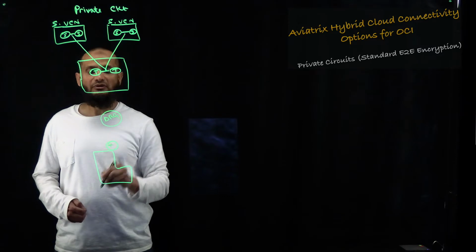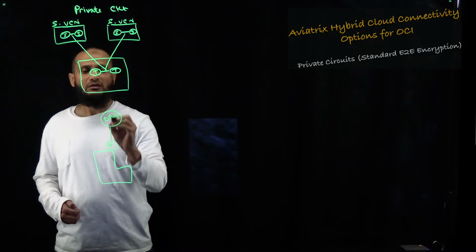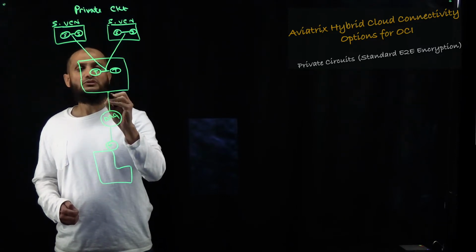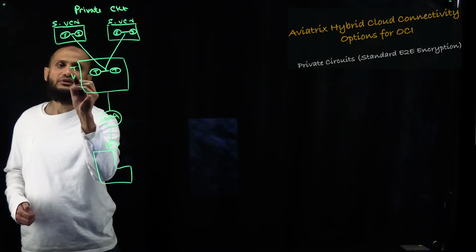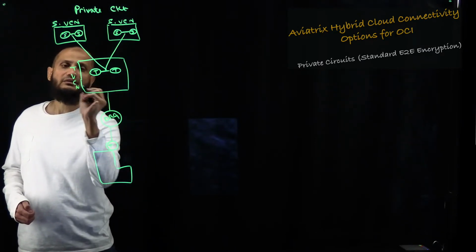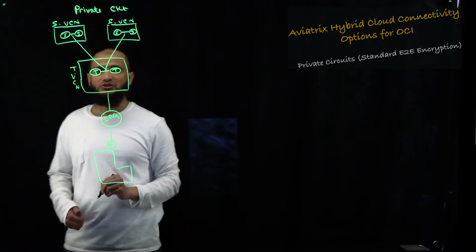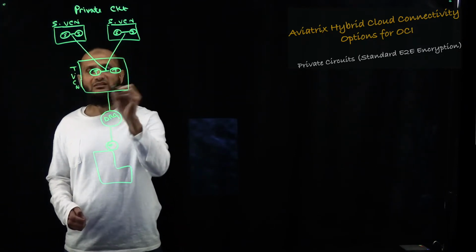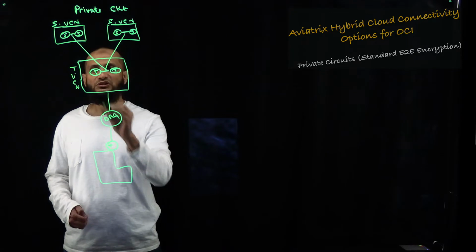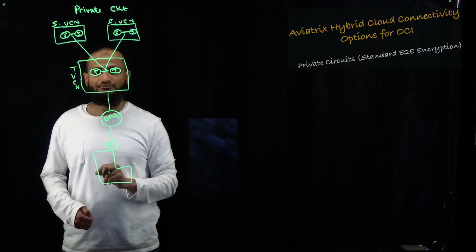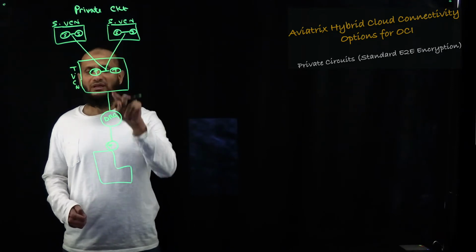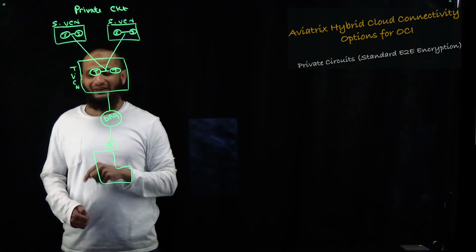This is the WAN router in the on-prem world, and then you are going to attach the transit VCN. So this becomes your transit VCN to the DRG. Once you attach the transit VCN to the DRG, DRG knows about the subnets of the transit VCN, and it's going to advertise it over to the on-prem WAN router.